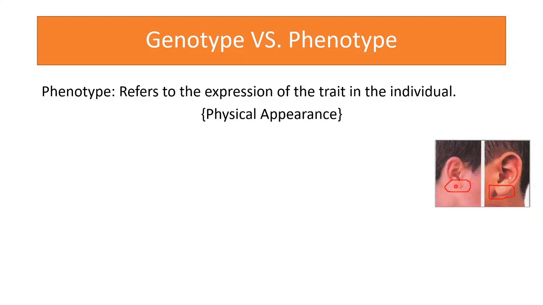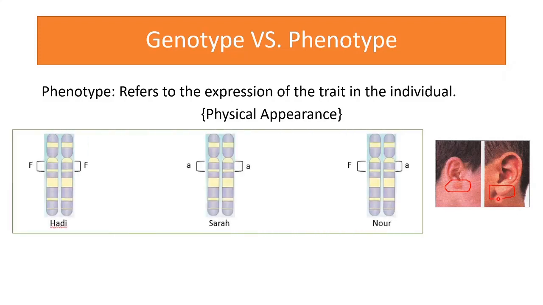So the phenotype of this individual is attached earlobe. I write it as words. How I see it, how it appears, how it's expressed. I can determine the phenotype, the outer appearance of a certain individual, for all his physical traits, the outer appearance traits. For this other individual, I have free earlobe, so his phenotype is free earlobe.